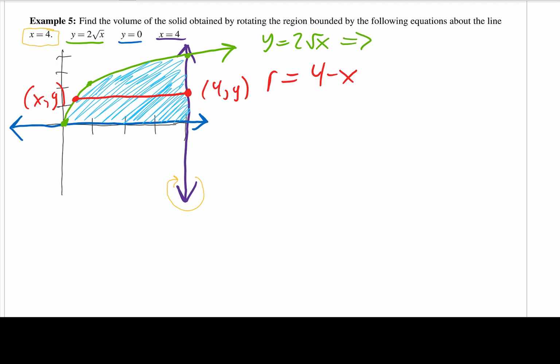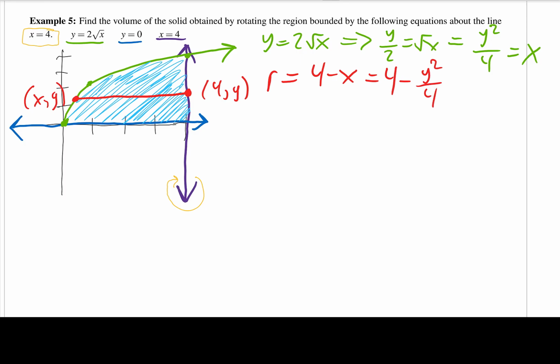So what I can do is divide by 2 and then square it. We get y over 2 equals square root x. Now we'll square both sides, so we get y squared over 4 is equal to x, which means that our radius is equal to 4 minus y squared over 4.